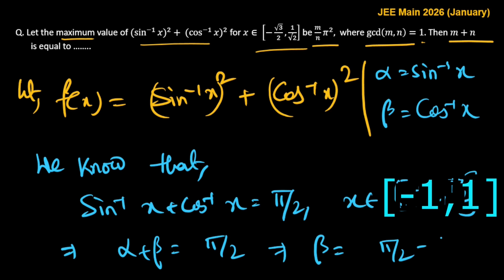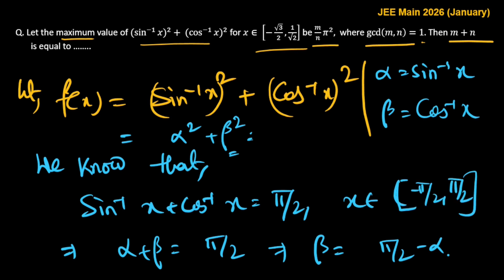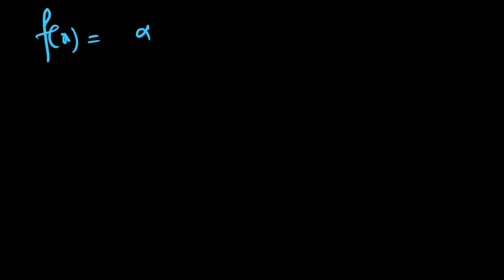So we write f of x is equal to alpha square plus beta square. We replace the beta value with pi by 2 minus alpha.